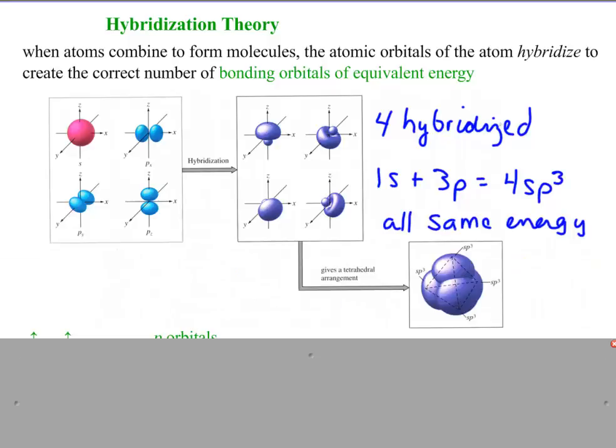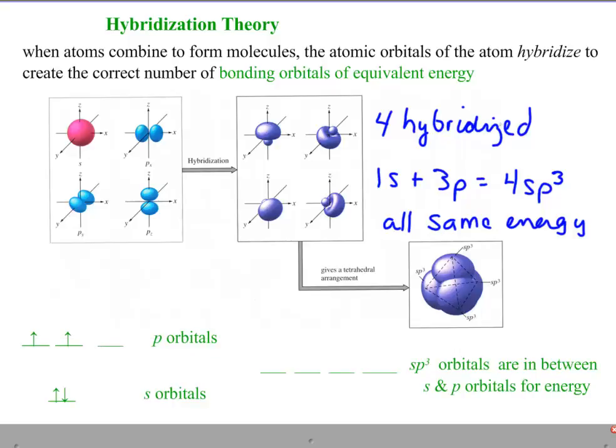So if I put them together to form a molecule, what I get is something that is tetrahedral in geometry, because there are 4 orbitals, 4 bonds attached to the central atom. So if I look at orbital diagrams, p orbitals have higher energy. In the carbon atom, there are 2 p electrons, and there are 2 s electrons of different energies.